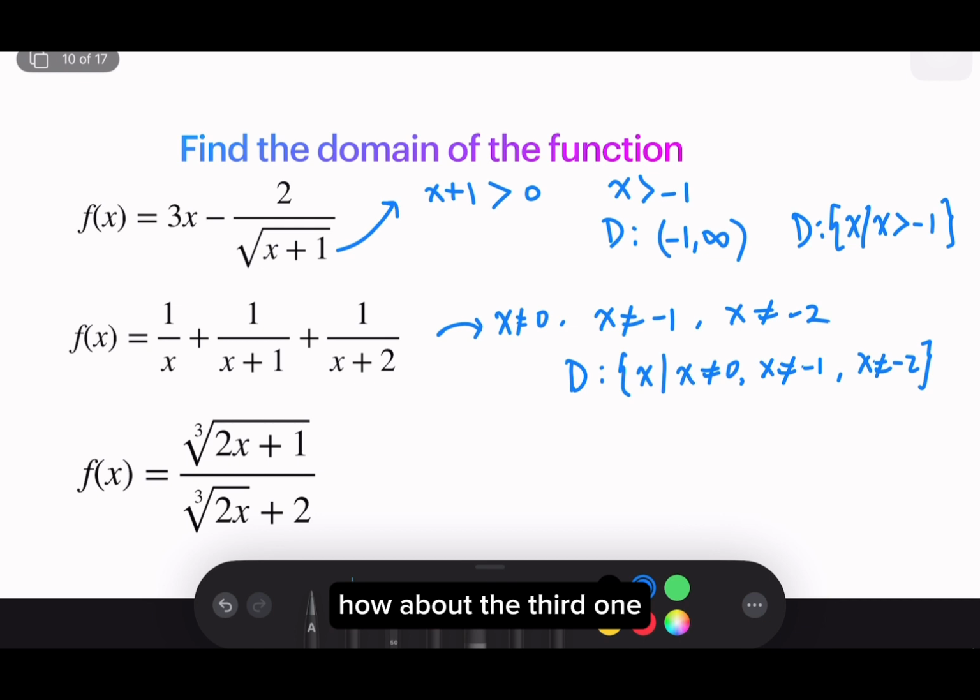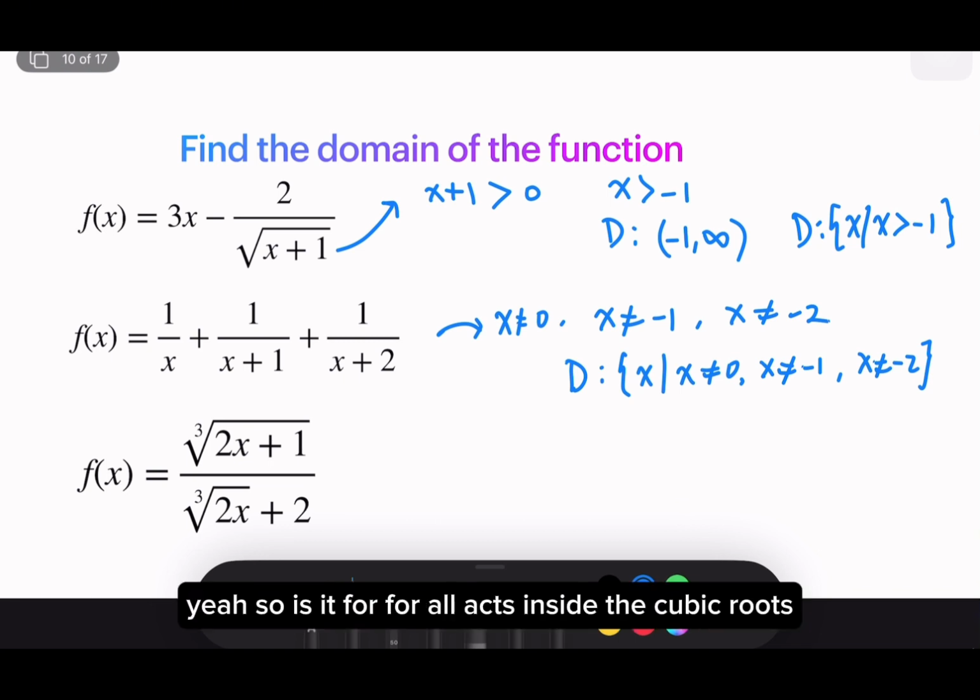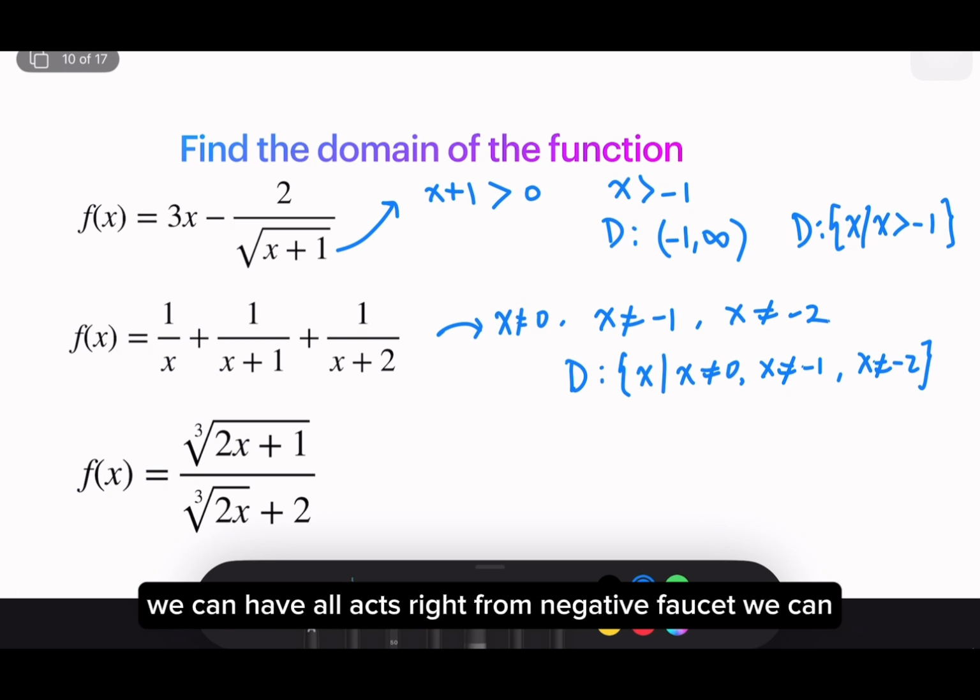How about the third one? The third one, we have a cubic root. Can it be negative inside a cubic root? Yes, it can. So for all x inside the cubic root, we can have all x, from negative to positive.